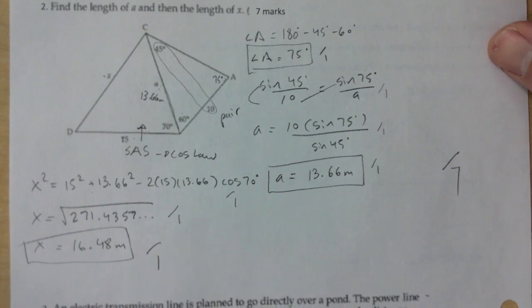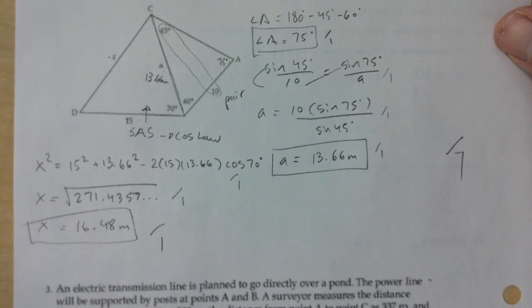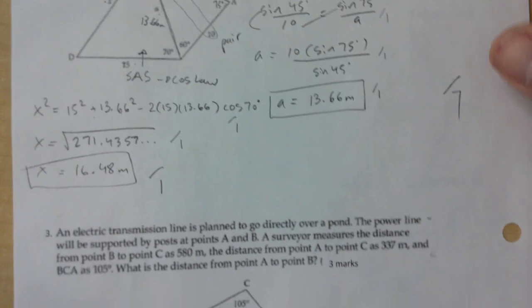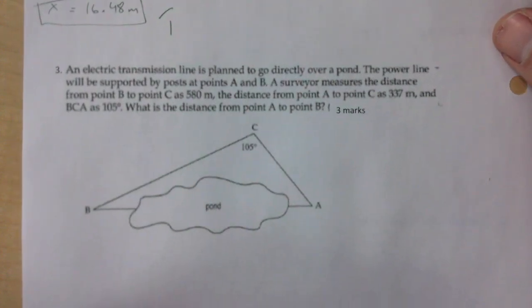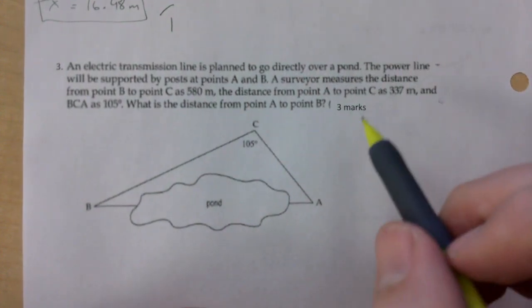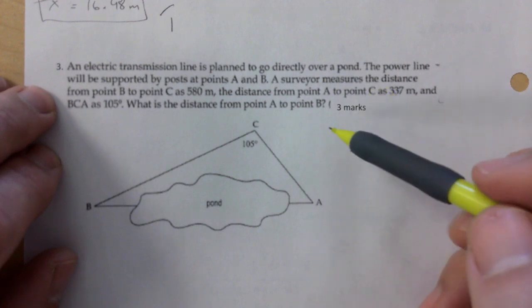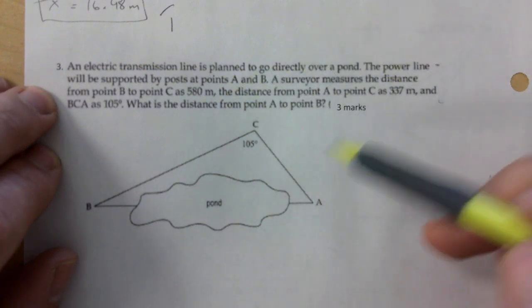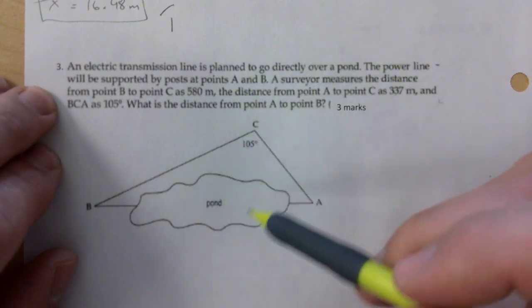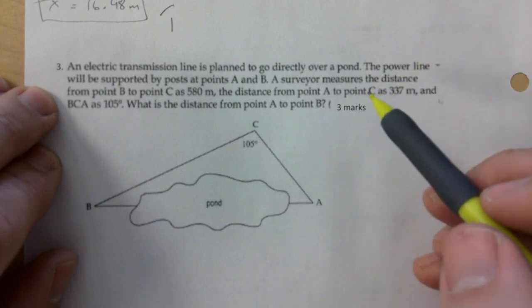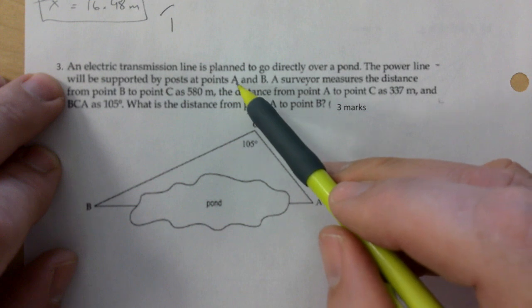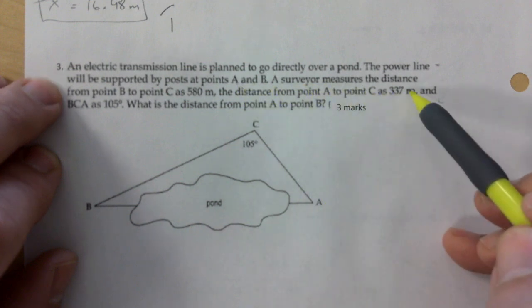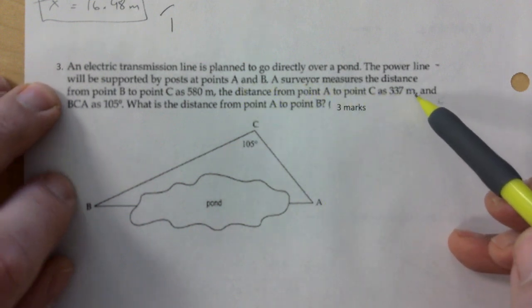Last one. 3 marks. They describe the scenario, but they also give you a diagram. It says that there's a power line going from A to B. The surveyor measures the distance from B to C as 580.